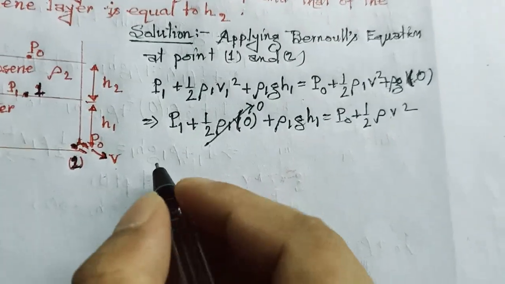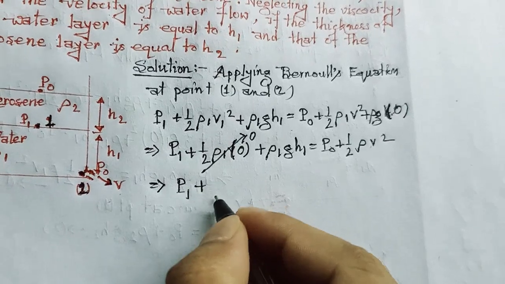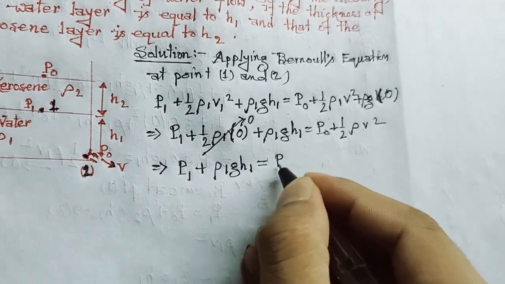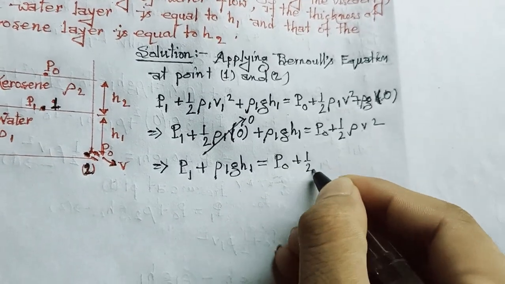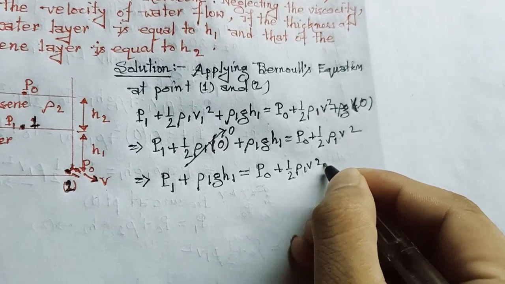So our equation number 1 will become P1 plus rho 1 g h1 is equal to P naught plus half rho 1 v square.